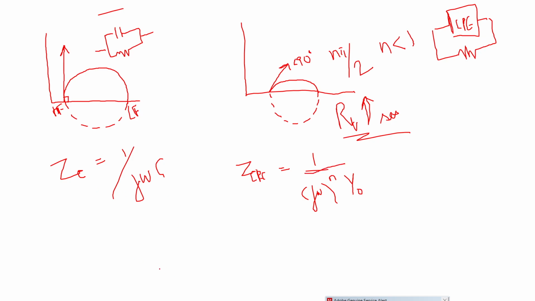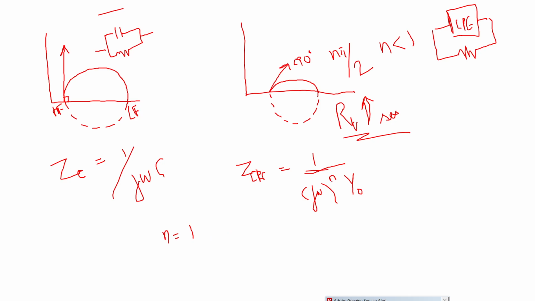Now the question is, for different values of n, you can approximate its behavior to different things. Who can tell me what will happen when n value is equal to 1? What behavior will the constant phase element resemble? Maybe a perfect semicircle.